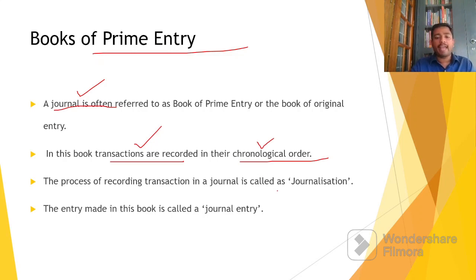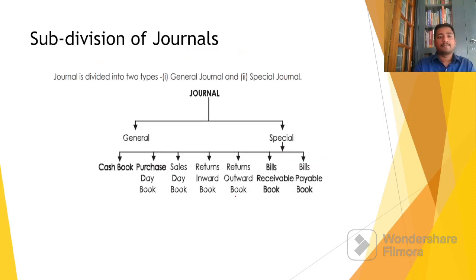And the process of entering these transactions into the journal is known as journalization, and the entries which are made are known as journal entries. So that is the concept of journal. It is a book of primary entry or original entry, recording all the transactions in chronological order.